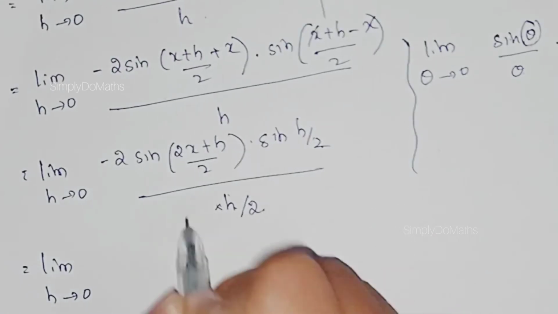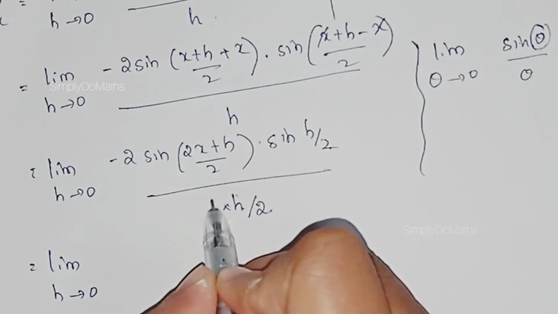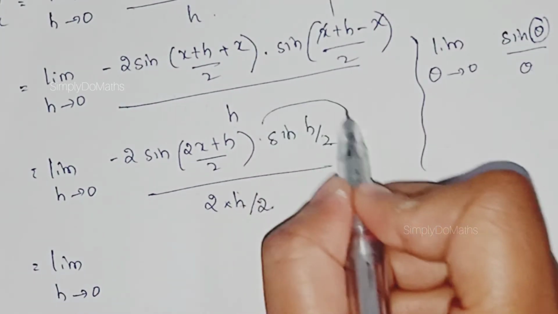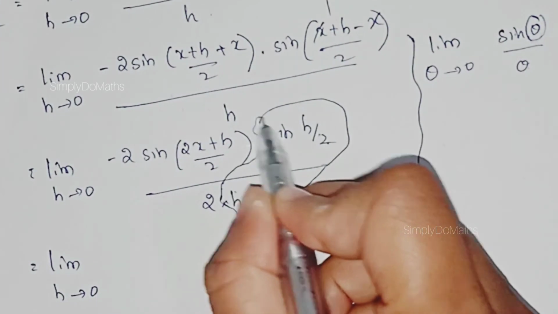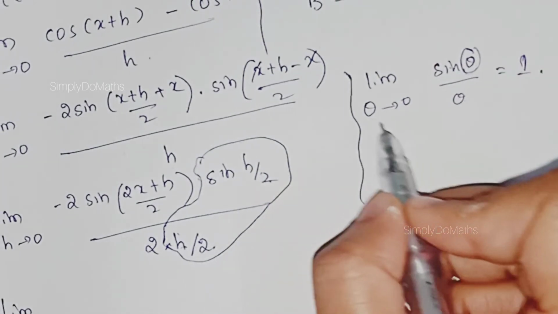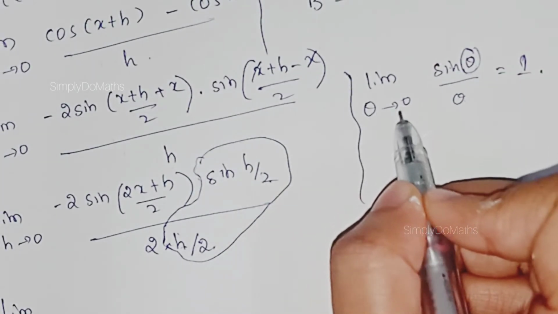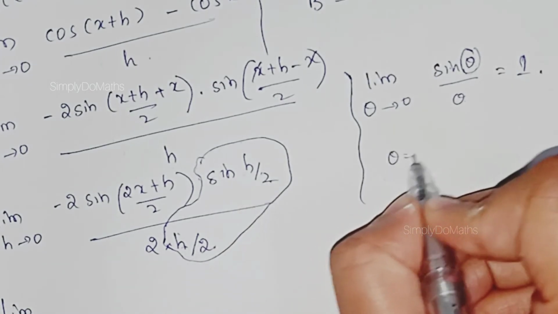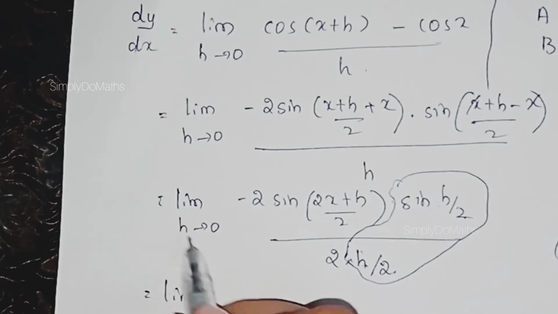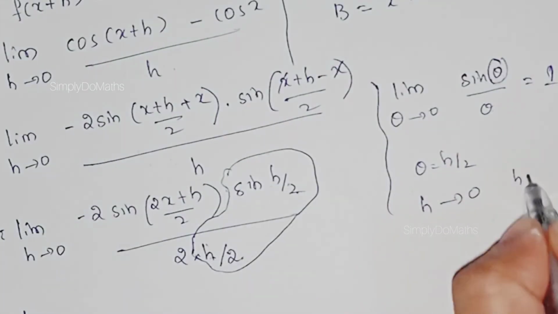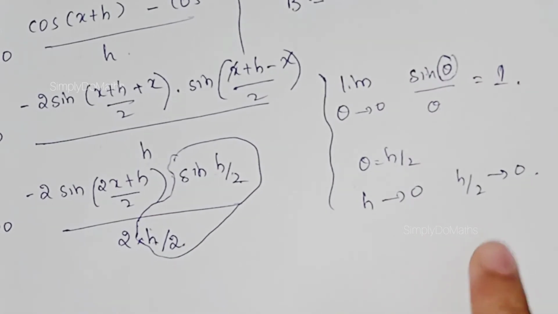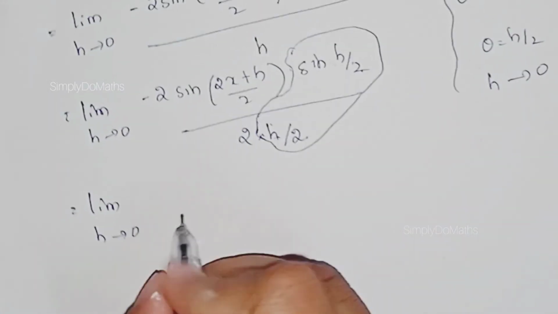So I will write h by 2. Whenever we divide by 2, we need to multiply by 2 here. So let us combine this together so that we get the limit value as 1. Whenever theta tends to 0, in the place of theta we have h by 2. Whenever h tends to 0 as in the problem, h by 2 will also get the value 0 itself. Right? So let us apply this.